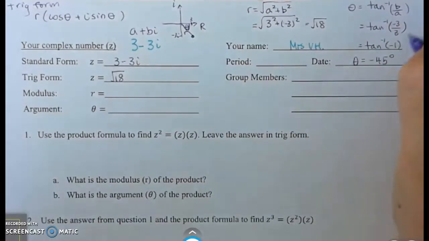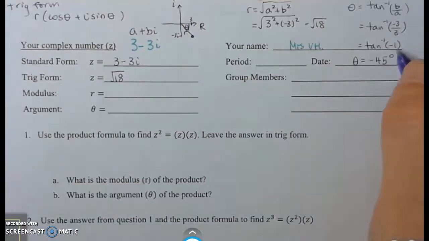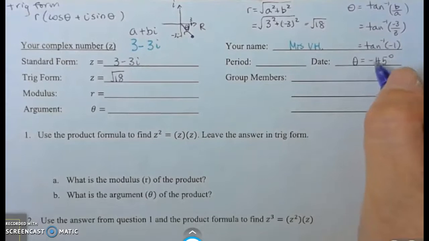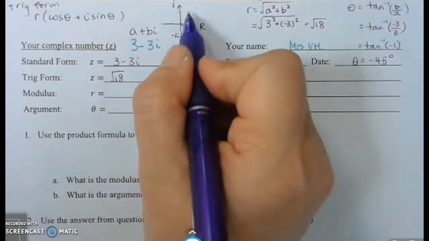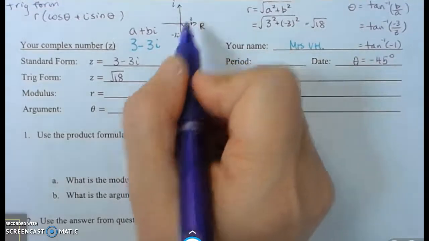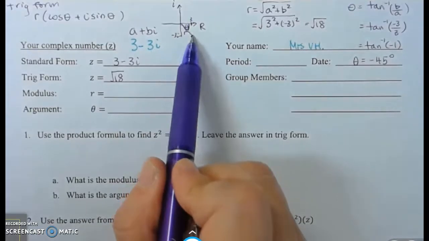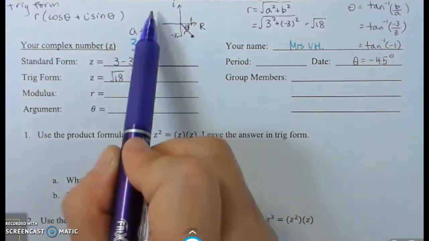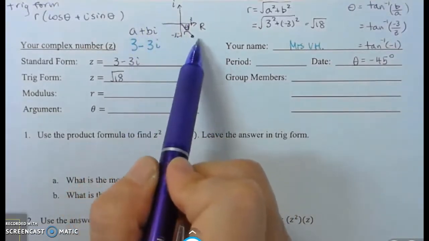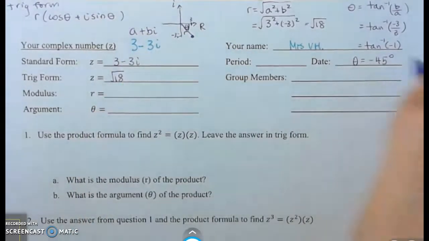I know the angle measure that gives me tangent to be 1 is 45 degrees. The calculator is giving me -45 degrees because it's negative, so it's only going to give us angles in quadrant 1 and 4. And it happens to be in quadrant 4 and not quadrant 1, so this works out just right. Theta is -45 degrees.